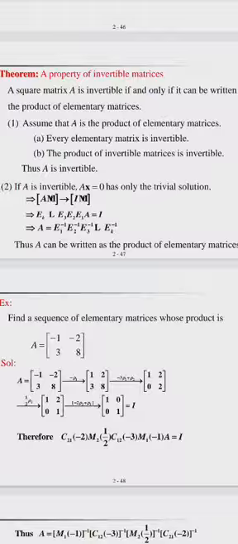Every elementary matrix is invertible, and the product of invertible matrices is always invertible, so A is invertible.